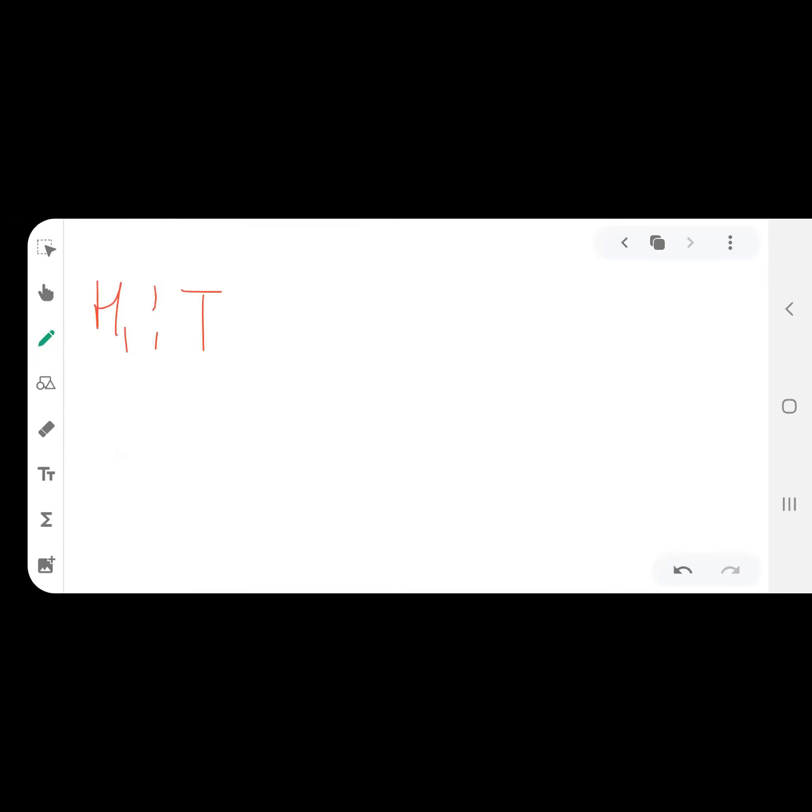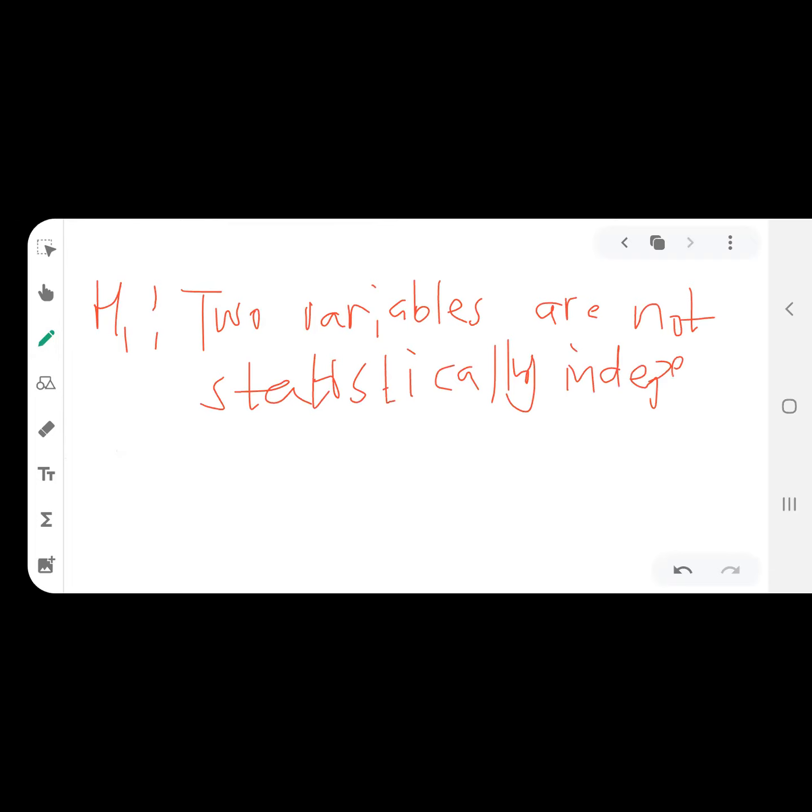So it implies that the 2 variables are, you can say, not statistically independent. If you write it like this, it will be correct. Did you write it? Yes, you did. Okay.